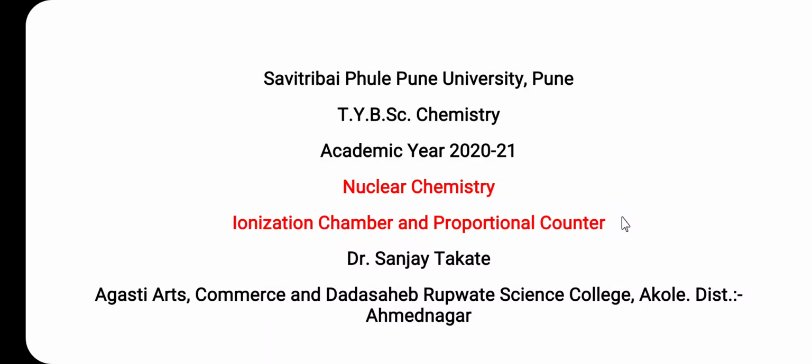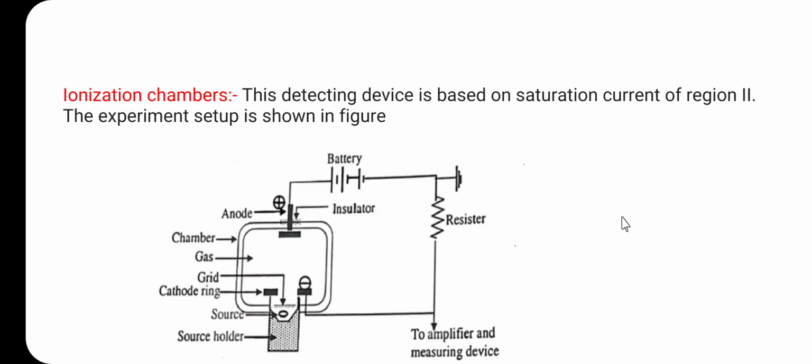First of all, let us consider the ionization chamber. This device is based on the saturation current of region 2. Once again, when we consider the graph, that is the variation of the log of pulse size versus applied voltage, all of you know that this graph is divided into 6 regions.